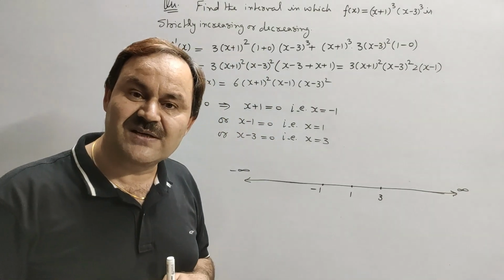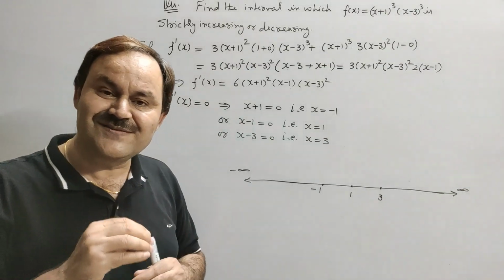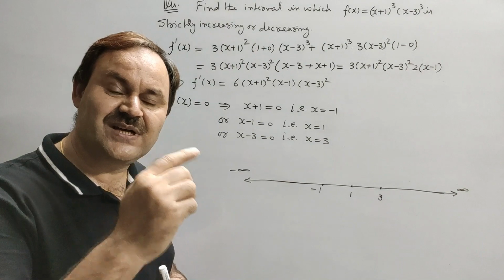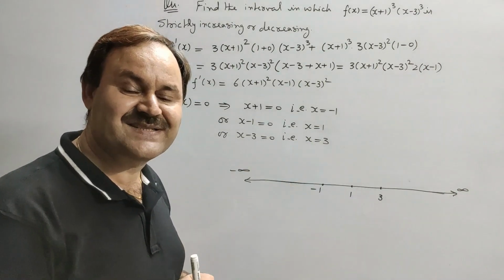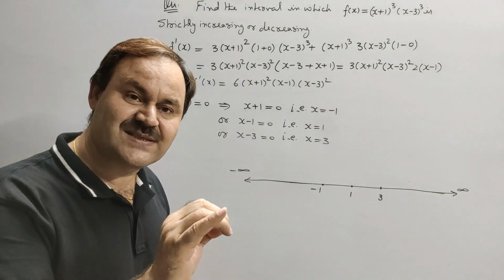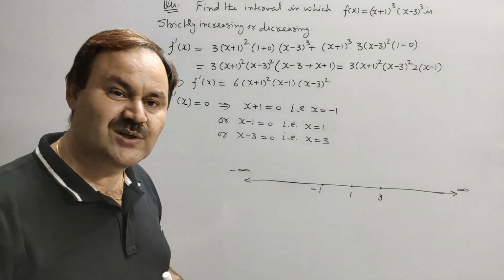Here it must be understood that f dash x equal to 0 gives us the values of x for which the tangent to the y versus x curve is parallel to the x-axis, and the tangent will be parallel to the x-axis only at the points of maxima or points of minima.